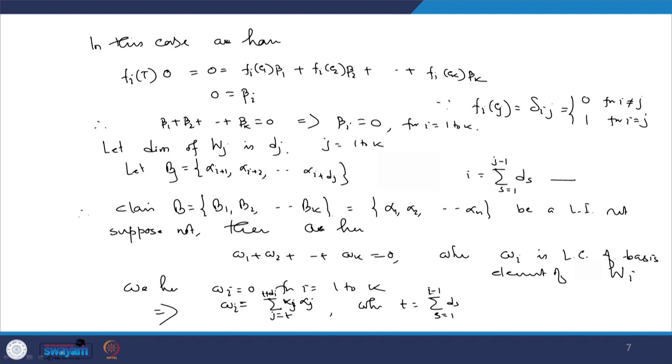Since they are all linearly independent elements, all the coefficients have to be equal to 0. Since alpha j belongs to Bi, which is linearly independent, all kj are equal to 0.